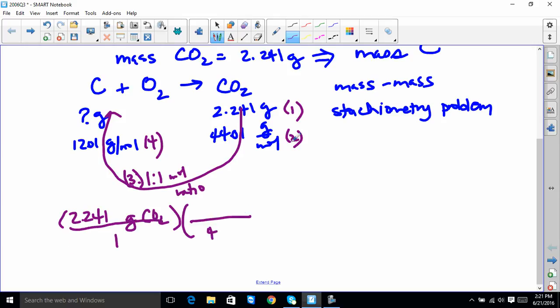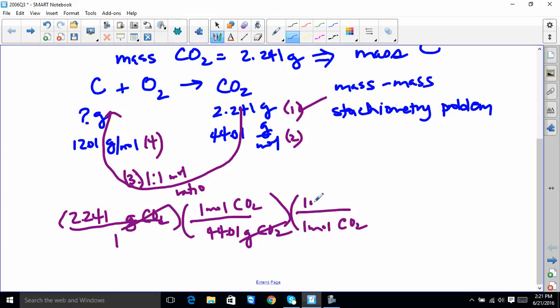There's 44.01 grams of CO2 in 1 mole of CO2, and check, first set of parentheses is done. The reason why the mole is the most important concept in all of chemistry is you can't use a mole ratio unless you're in moles. And to get 1 mole of carbon dioxide, you need 1 mole of carbon.